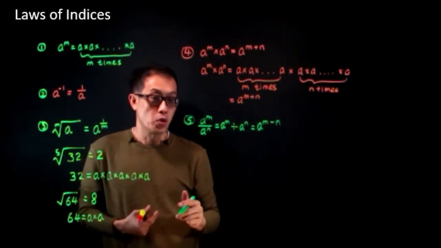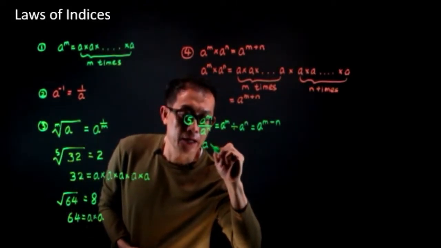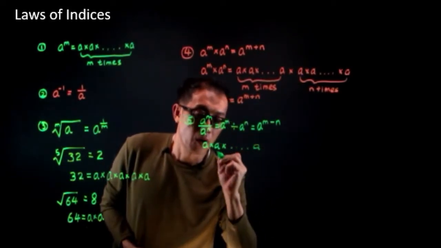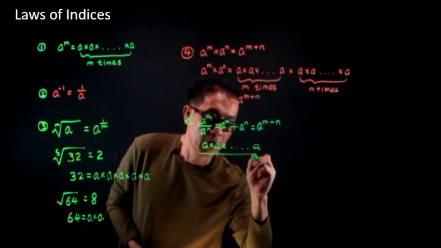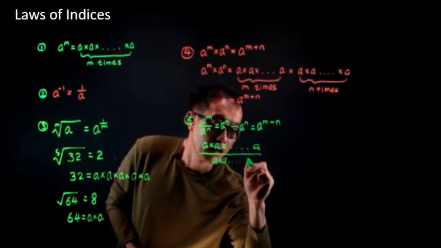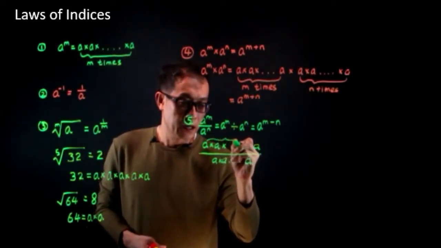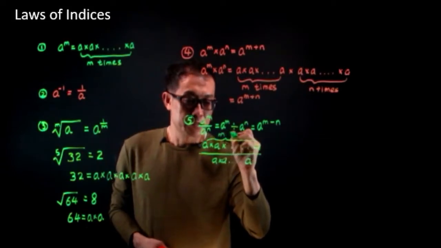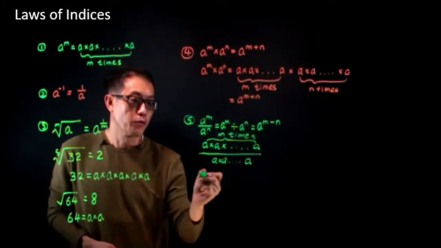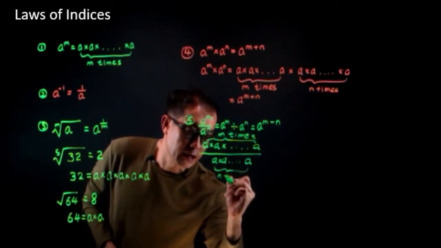Now why is this so? Look at this. This is A times A times A over A times A times A. How many terms are there over here? There are m terms, whereas this, you have n terms.